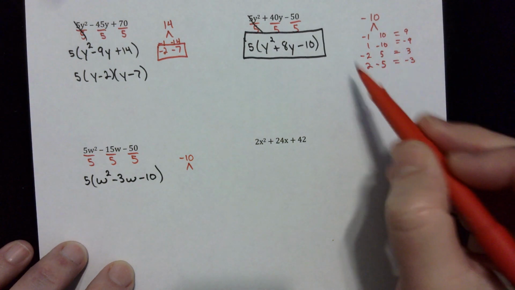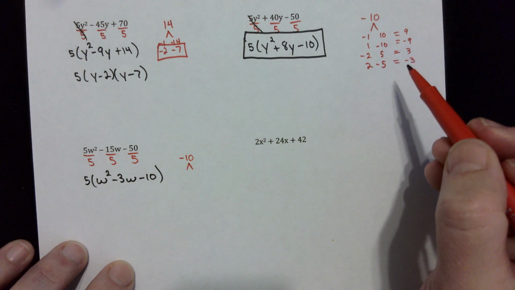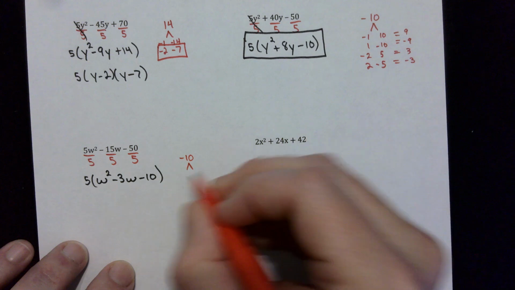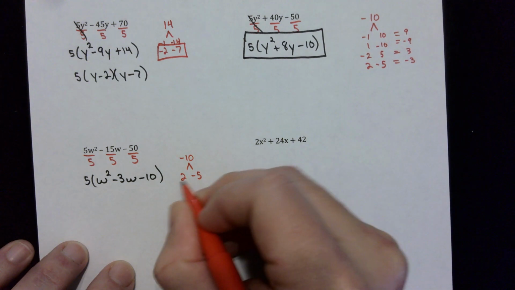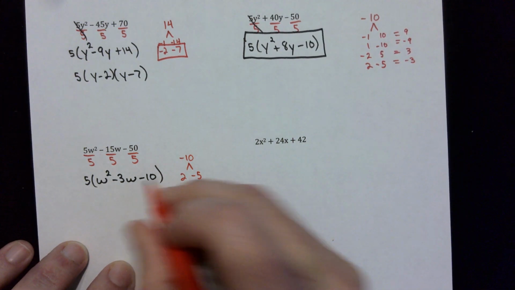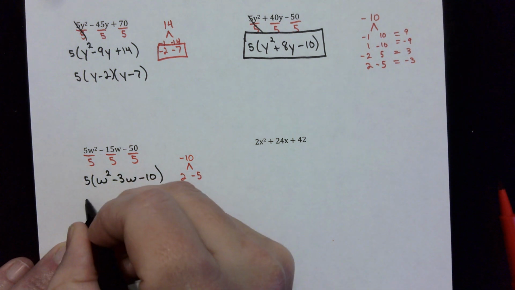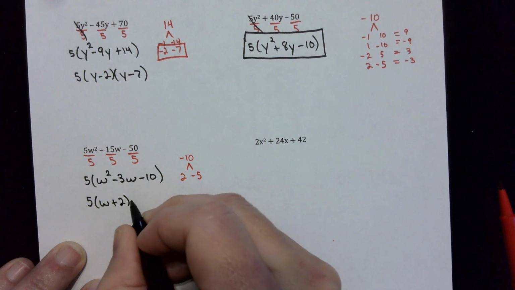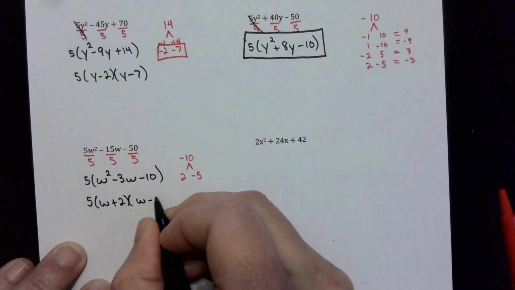Luckily, we already have that work right here. Which one of those factors adds up to negative 3? It's this one right here, 2 and negative 5. 2 times negative 5 gives us negative 10. If we add them up, we get negative 3. So this factors into 5 times (w plus 2)(w minus 5).